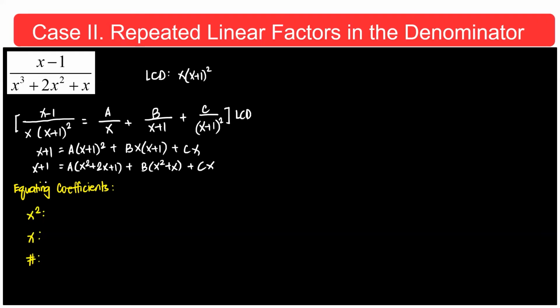Yes or none? There's none. So 0. Do we have x squared for letter A? Yes. So A times x squared. So A, the coefficient of x squared. Do we have x squared for B? Yes. For C, no x squared, because it's just x. So this is the first equation.